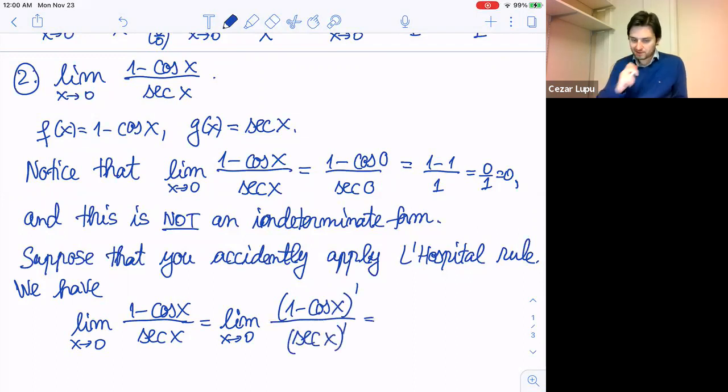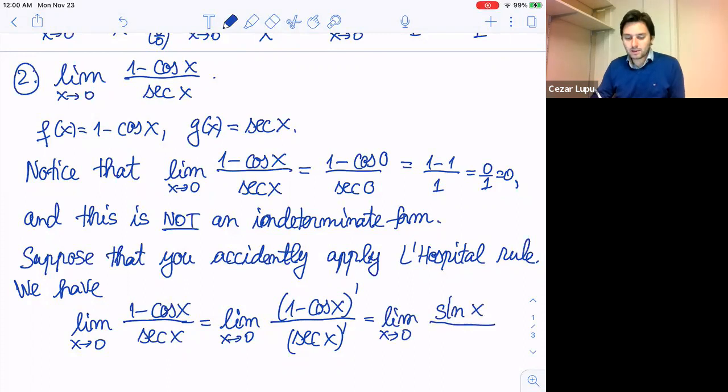And now this would give us the limit as x approaches 0 of, well, this would be sine of x. And this guy, secant, would be secant of x times tangent of x.